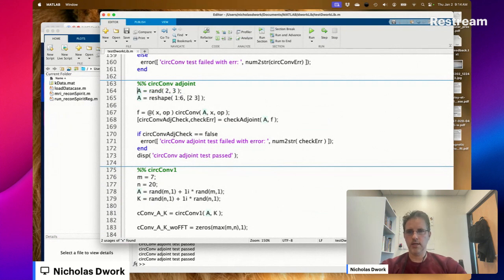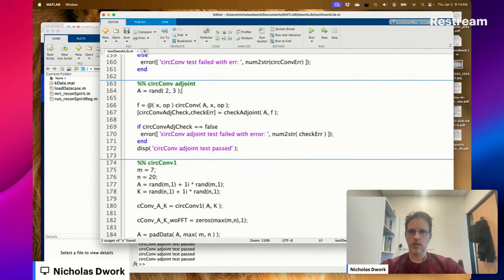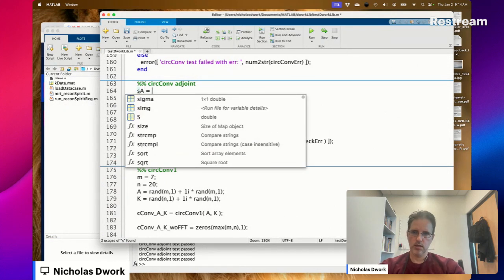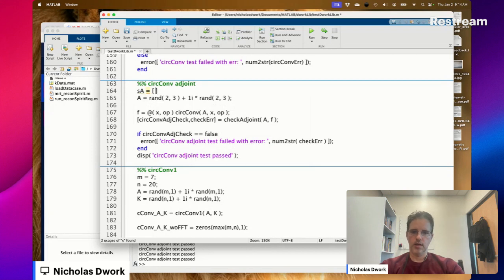Forgot some stuff, didn't I? Still passes. 4-dimensional array. Everything's working.